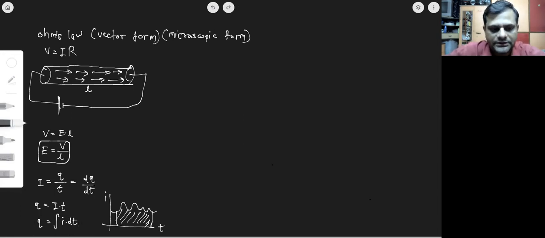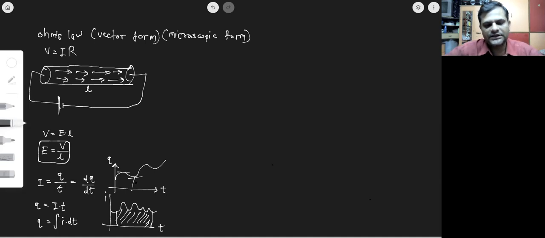and current actually is the derivative of charge. If we have a graph between charge and time like this, where charge is plotted on the y axis and time on the x axis, then the slope of the tangent at any point will give us the current at that time. So if we get the slope of the tangent at this point, we can find out the current at that instant of time.